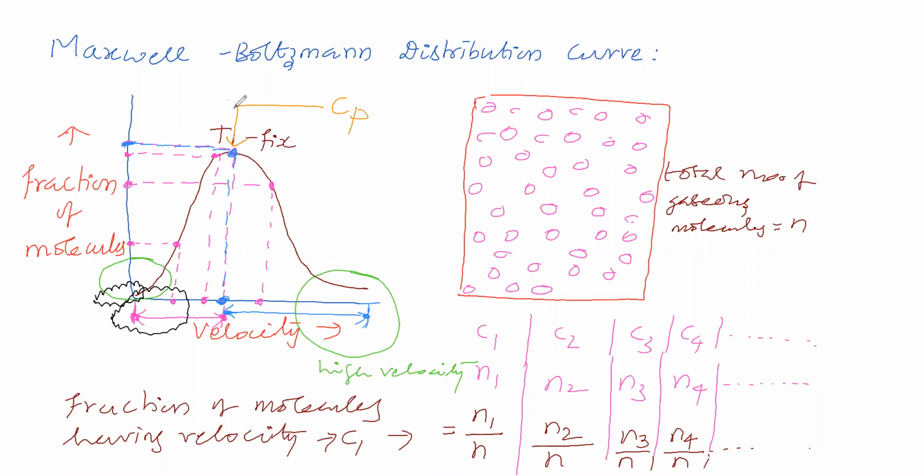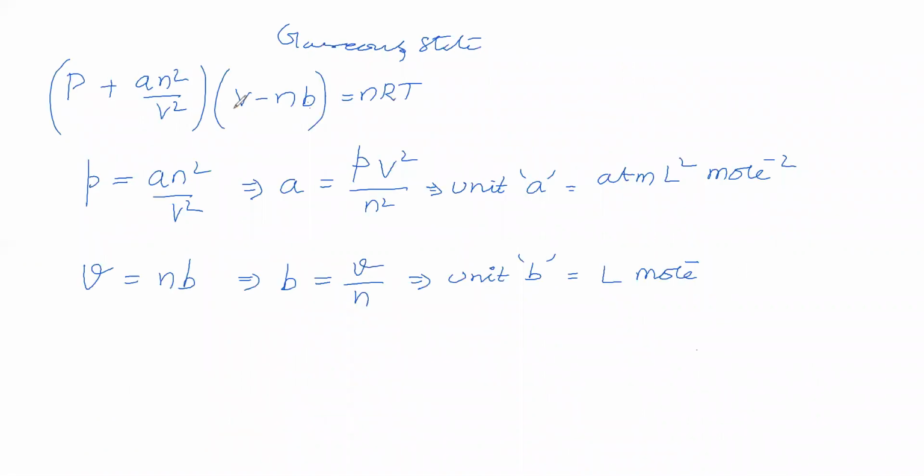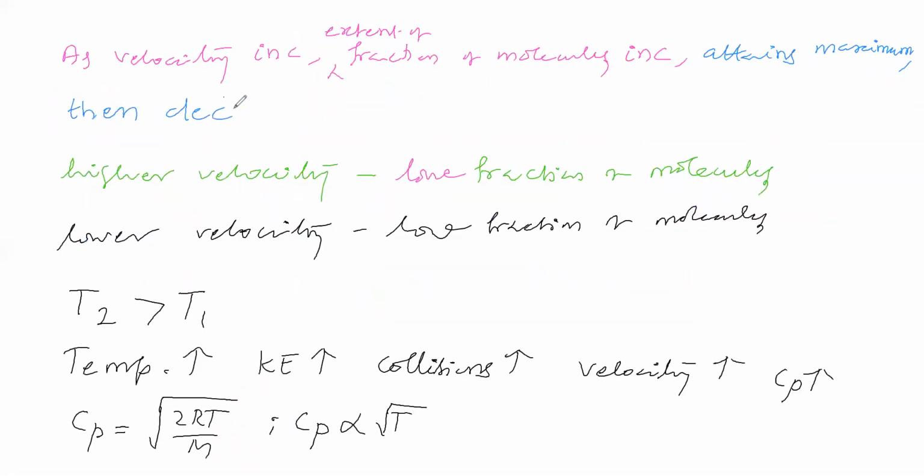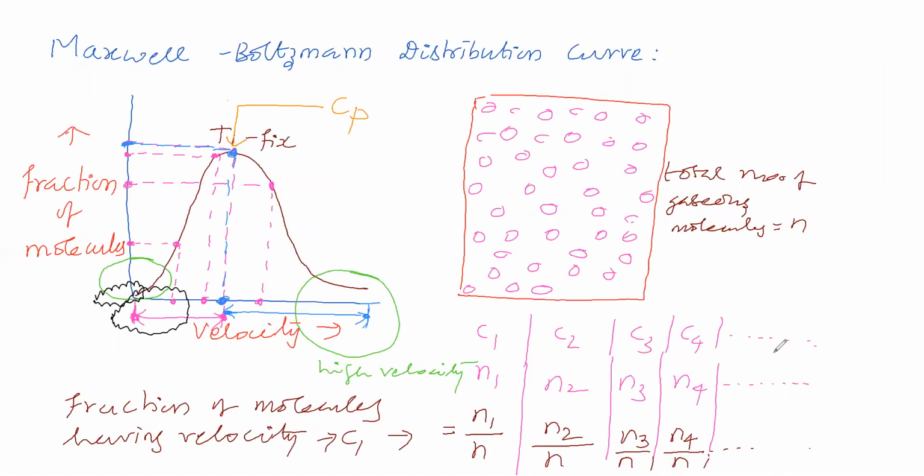Now see, when temperature increases, most probable velocity increases. Most probable velocity at T1 is here, and at T2 it goes to the right side, in the sense that the maximum fraction of molecules having the most probable velocity goes to the right side.